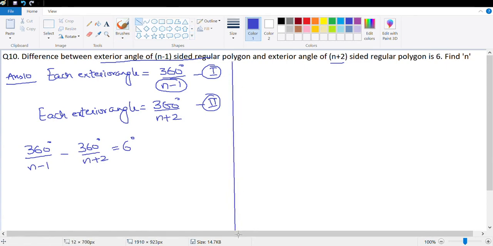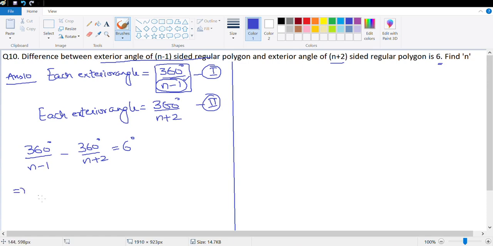Let's see this again. Why am I taking this as the first term? Because I realize that this is 6 degrees, which means I am subtracting a smaller number from a bigger number. Since the numerator is equal, the bigger number will be the one which has a lesser denominator. Done. Let's take an LCM and try to solve this.